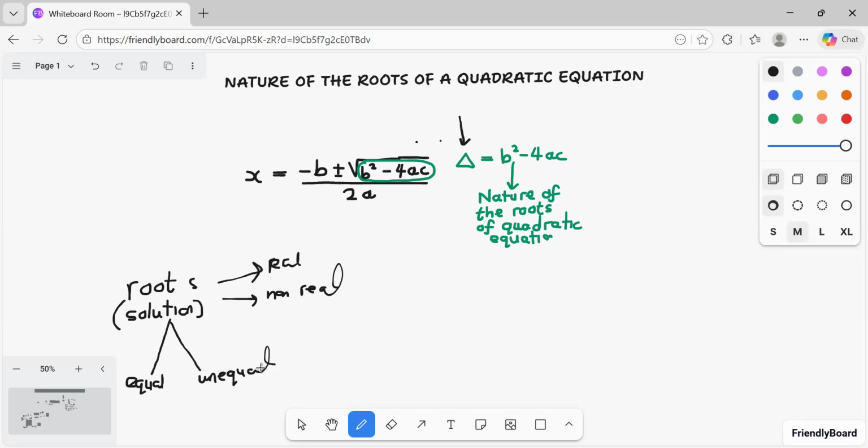Then roots also can be rational or irrational.